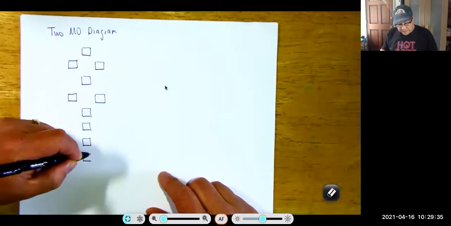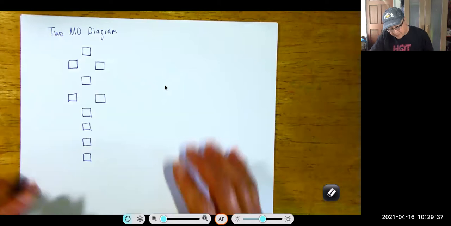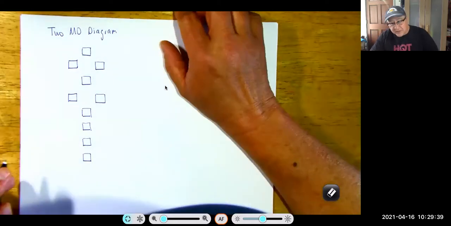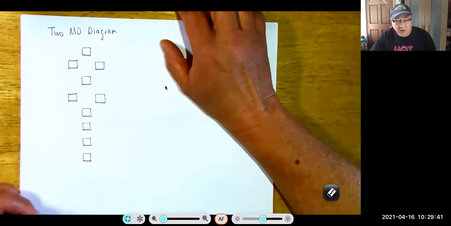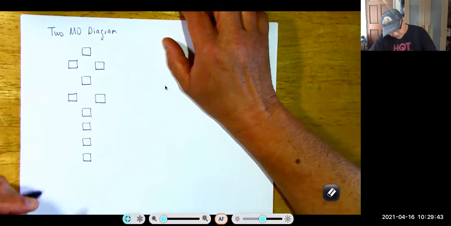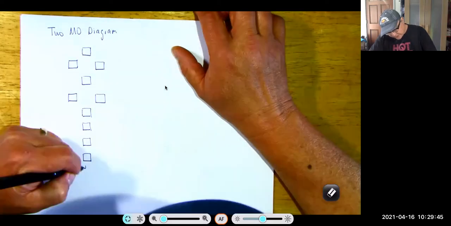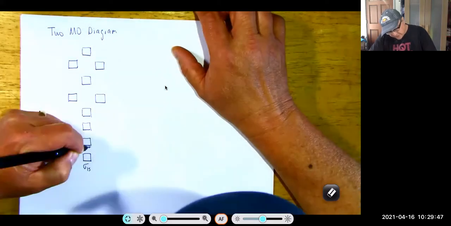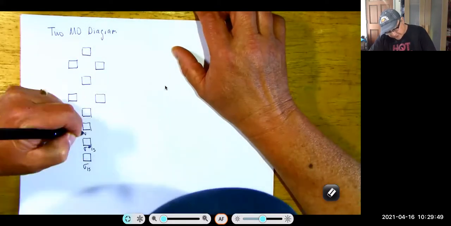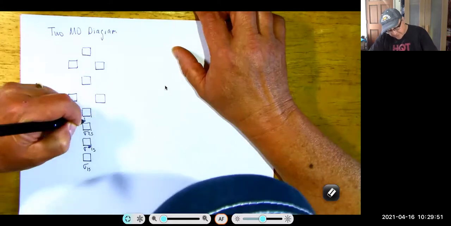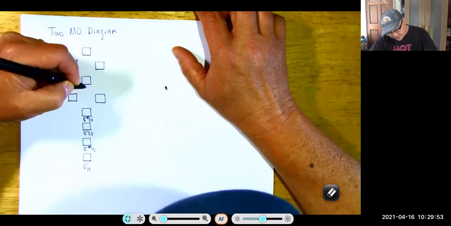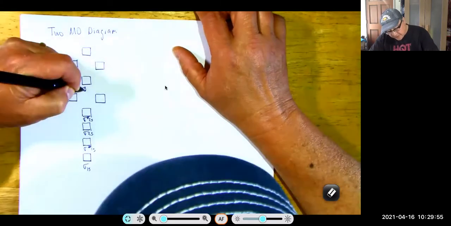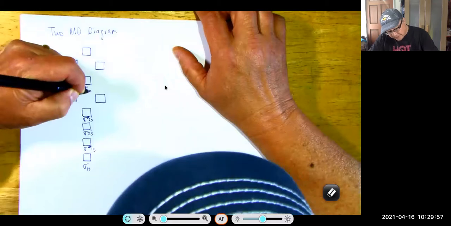Okay. Now, when you're trying to remember these, the ones up the middle are all sigmas. So this is sigma 1s and sigma star 1s. This is sigma 2s, and this is sigma star 2s. And this is sigma 2p and sigma star 2p.